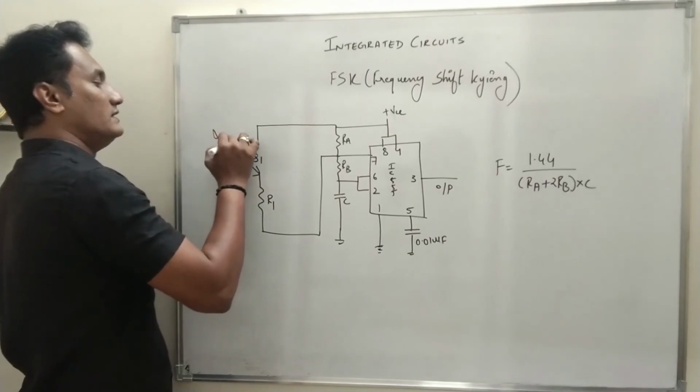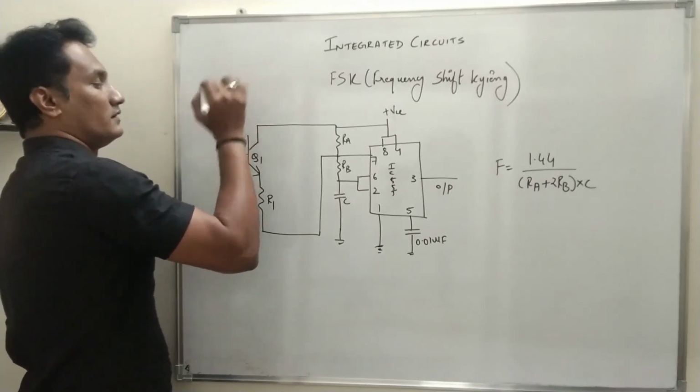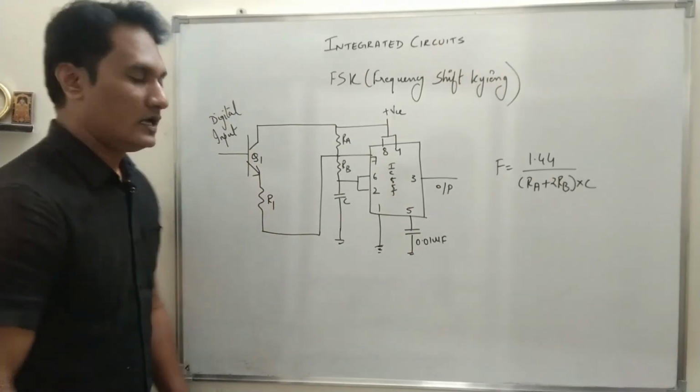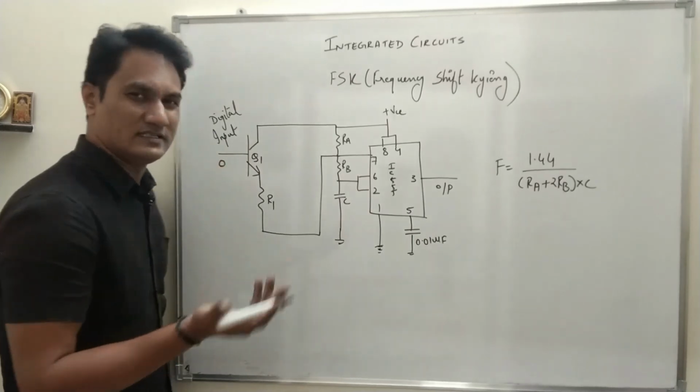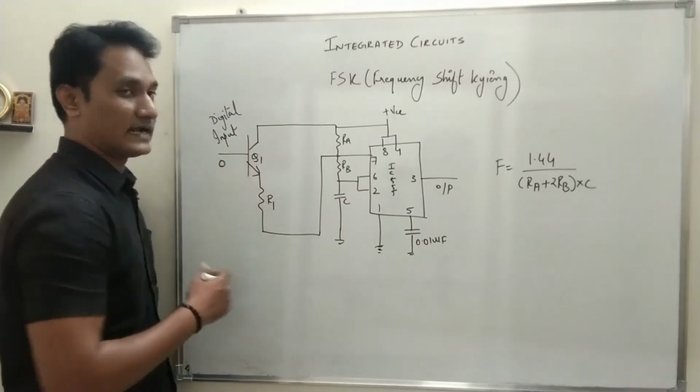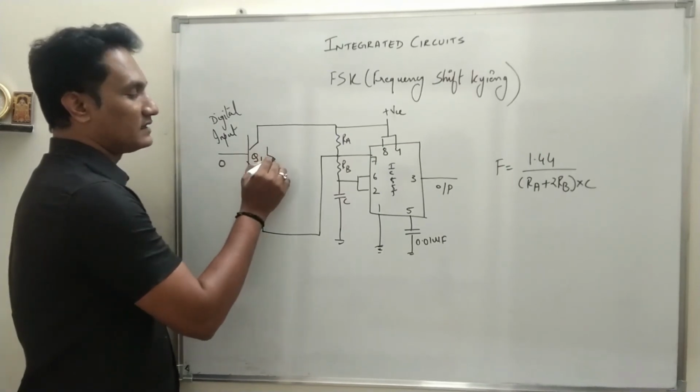This is the digital input. When the digital input is 0, it's very easy to understand. The transistor Q1 is acting as a switch. When the input is 0, the transistor is in the cutoff region.